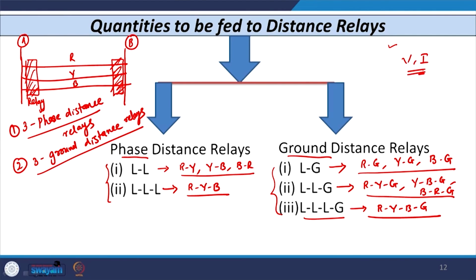Depending upon some calculation, the relay converts it into impedance, known as the measured value of impedance, and then compares this measured value to the set value. If it is less than that, then the relay operates, otherwise the relay blocks.